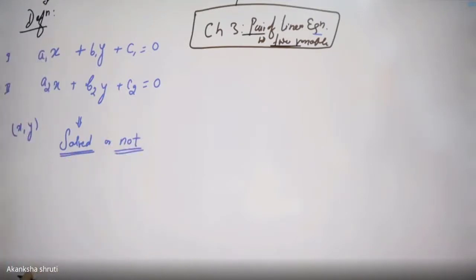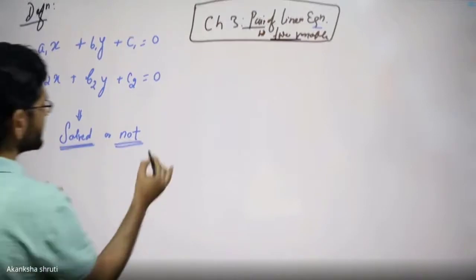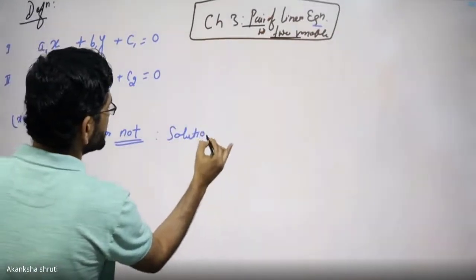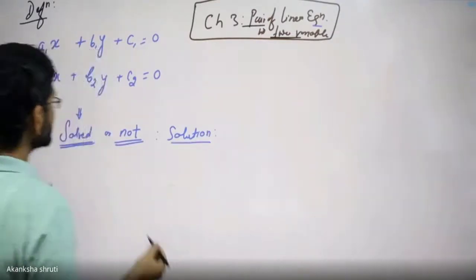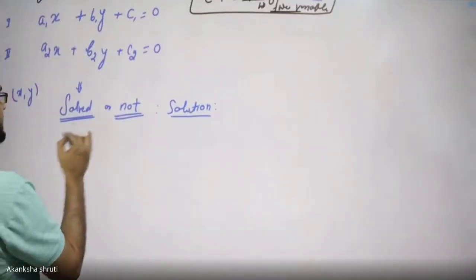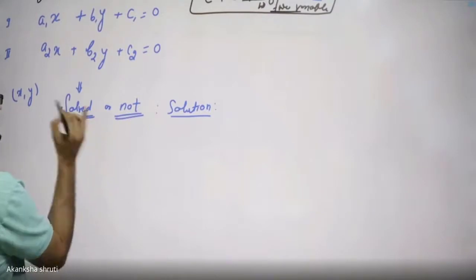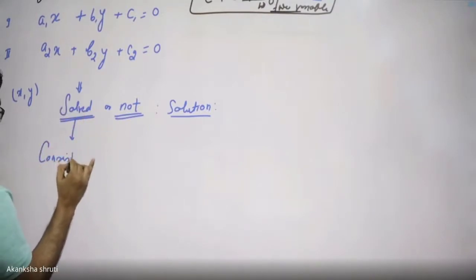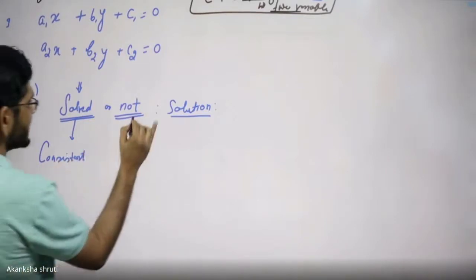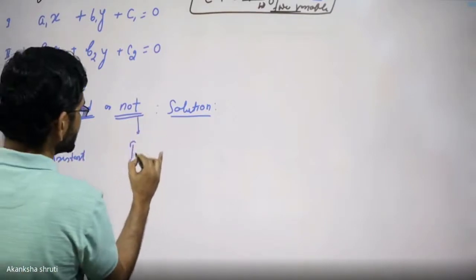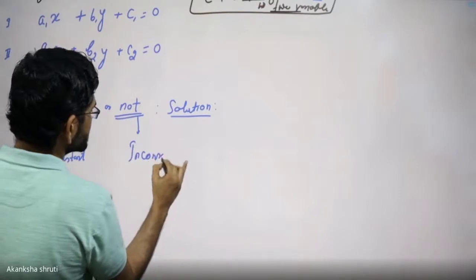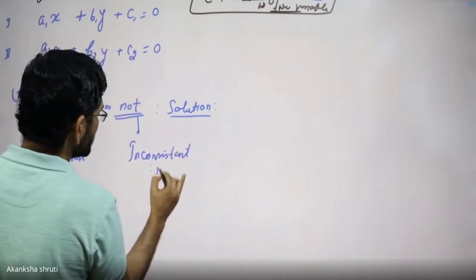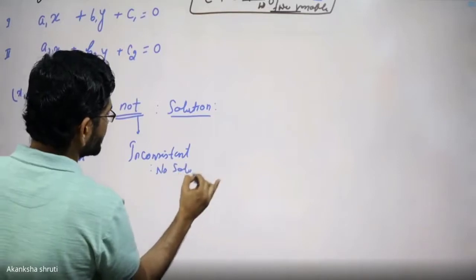Based on this, the value of x and y, meaning the solution or nature of solution, we have to observe. If it can be solved, such equations are called consistent. If they cannot be solved, it is called inconsistent. Inconsistent simply means no solution.